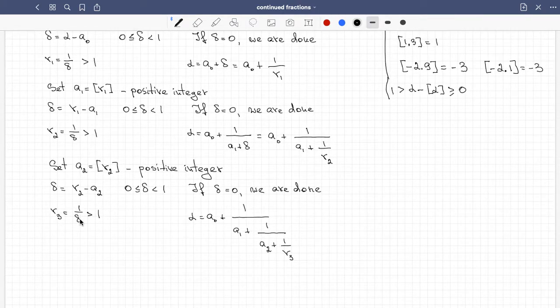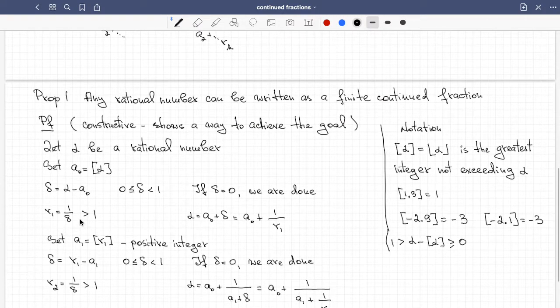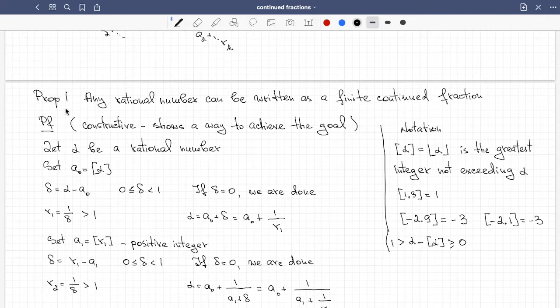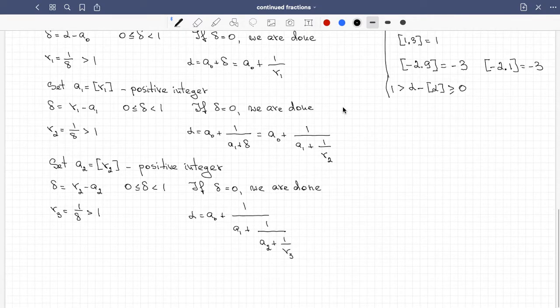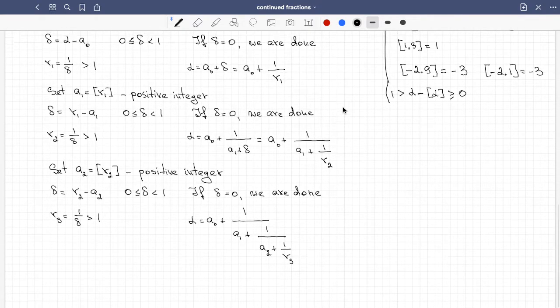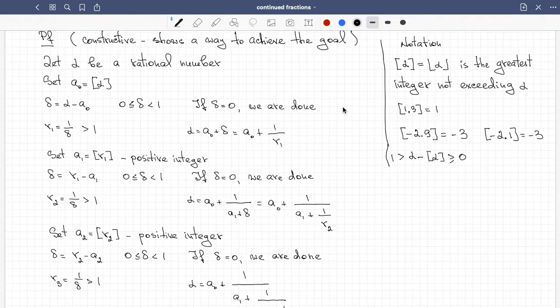That's not yet a proof of our proposition. So what do we need to prove? The proposition claims that any rational number can be written as a finite continued fraction. So we want to prove that this procedure stops at a moment.